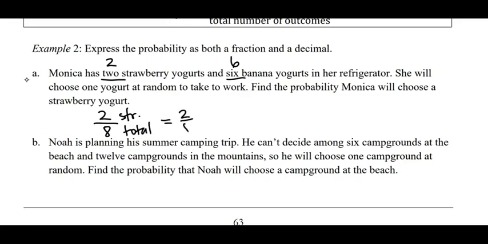So 2 out of 8, you're going to reduce that fraction to lowest terms, 1 out of 4. So that is the fraction part. And then to get from fraction to a decimal, you're going to do 1 divided by 4 equals 0.25. If you need to brush up on how to convert fractions to decimals, we covered that in lesson 5.3.